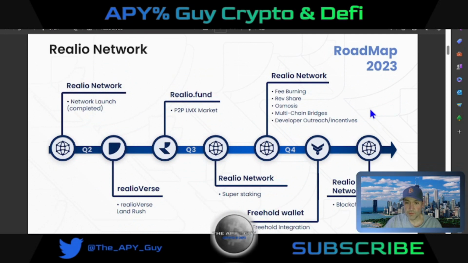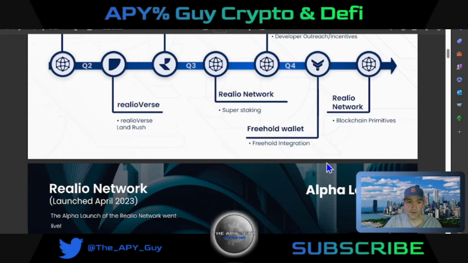And then hopefully they integrate it into a lower fee version, because the staking I had to do was on the Ethereum wallet and on an Ethereum wallet built into this project, and then Relio network blockchain primitives.